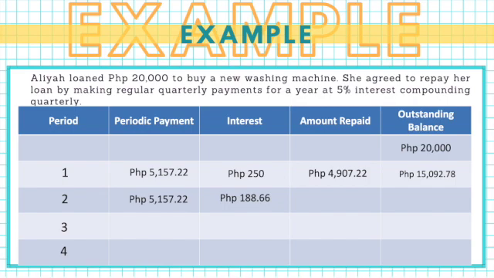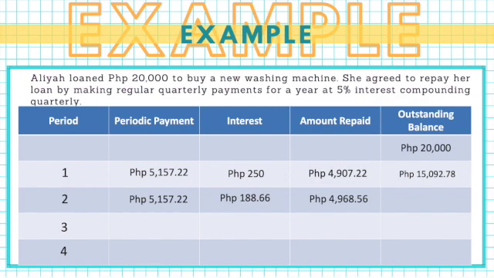To get the amount repaid, we simply subtract the interest from the periodic payment. So 5,157 pesos and 22 centavos minus 188 pesos and 66 centavos gives us 4,968 pesos and 56 centavos.